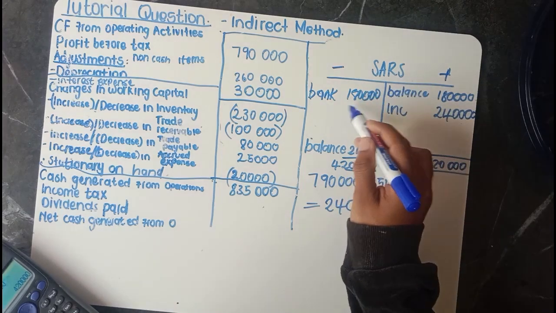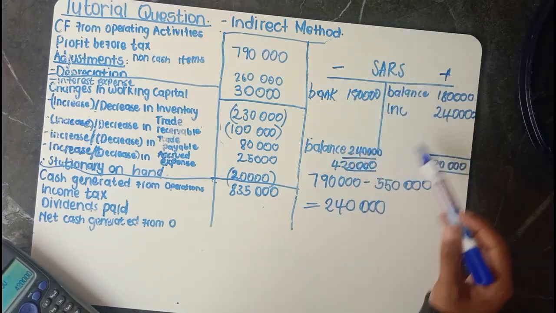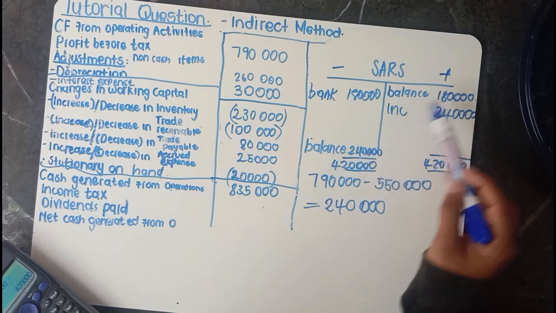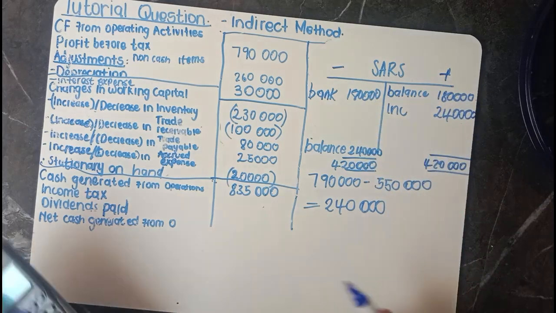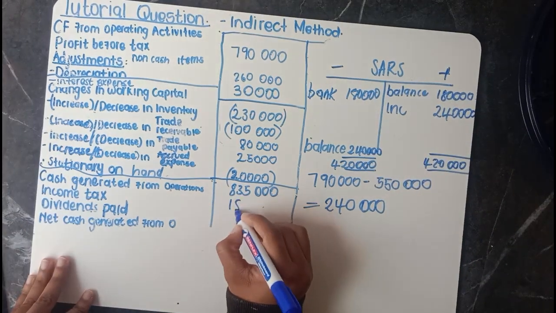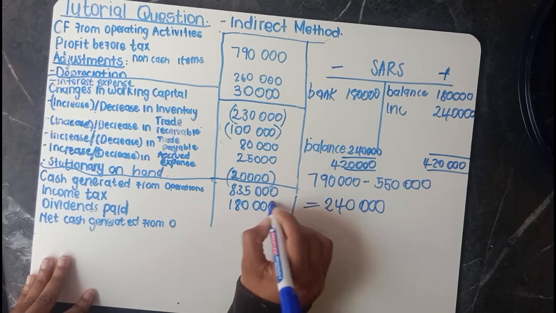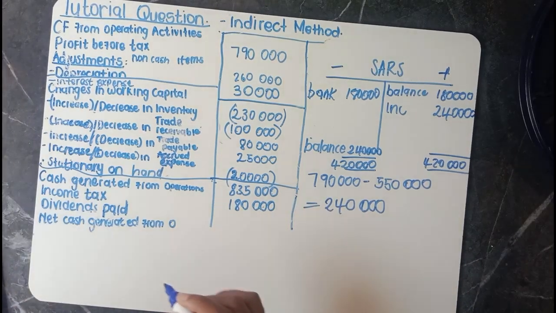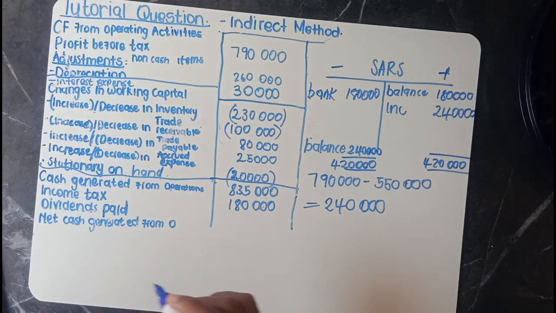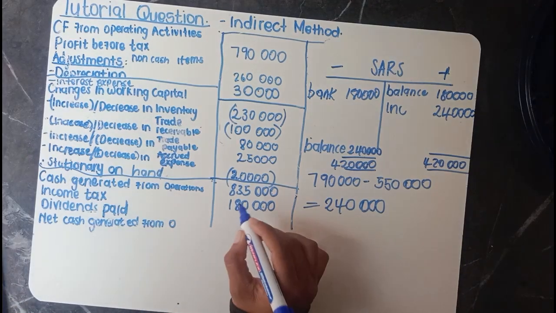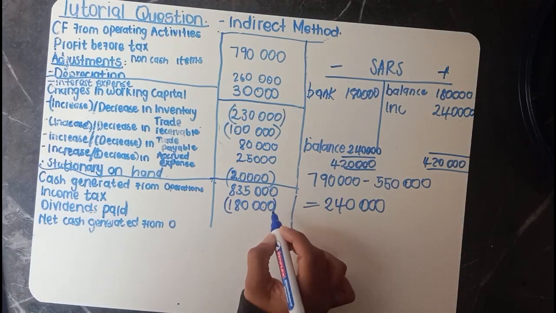Why is it 180? I knew that this and this cancelled, meaning we're left with 180,000. So it being 180,000, it's obviously going to be what? It's going to be subtracted.